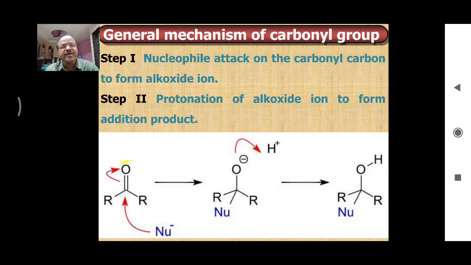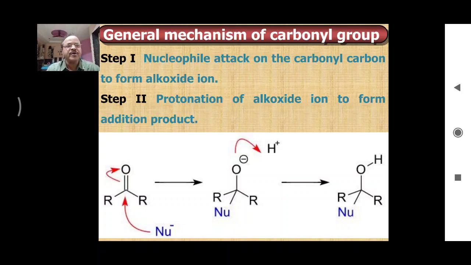There is shifting of pi electrons towards the oxygen. Oxygen will carry negative charge, this carbon will carry positive charge, and the nucleophile, already a negatively charged species, forms the bond with this carbonyl carbon and we get the alkoxide ion. So this is step number 1.